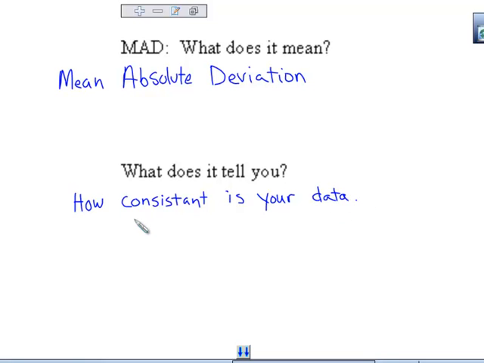So the word consistent means it doesn't go too high, it doesn't go too low, it kind of just stays the same. You hear the word consistent a lot in sports. If a player is a consistent player, that player is not the best. He's probably not the worst.